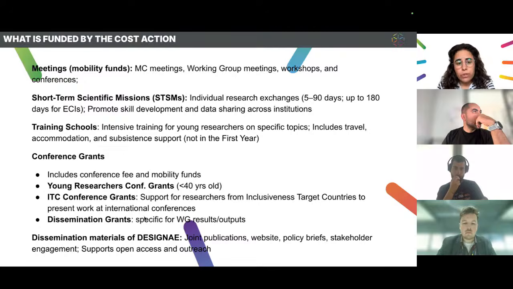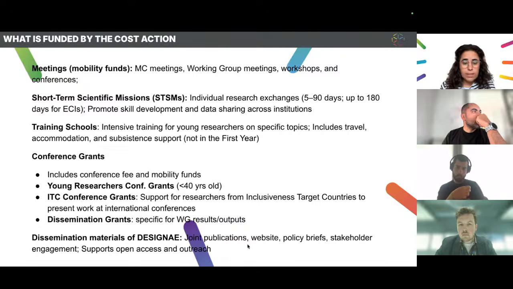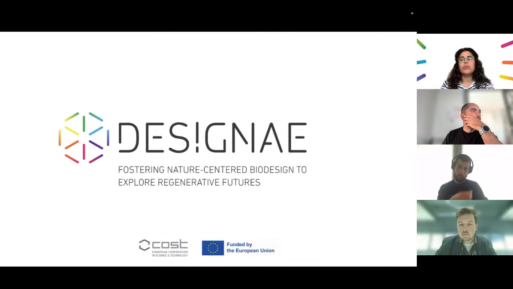There are 3 types of conference grants: the Young Researcher Conference Grant, which anyone below 40 can apply for; ITC conference grants, which are specific to the ITC countries; and dissemination grants, which are specific to presenting results created by the working groups. There are also dissemination materials for DESIGNAE, such as joint publications, the website, policy briefs, open access, and outreach.